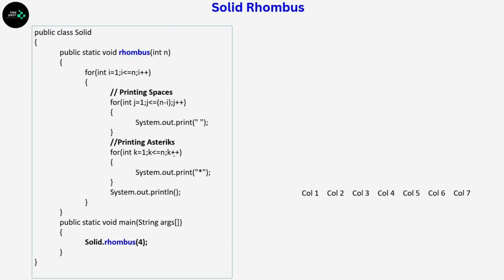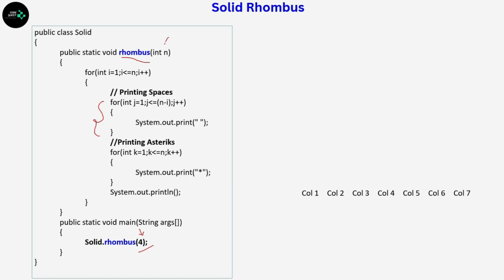Now, looking into our requirement, we have an inner loop which requires printing only the asterisks. When we call this method rhombus by passing the value 4, it means we are looking for 4 rows for which the solid rhombus is to be constructed.